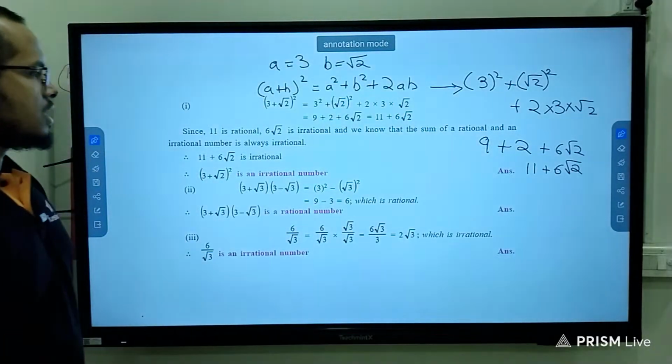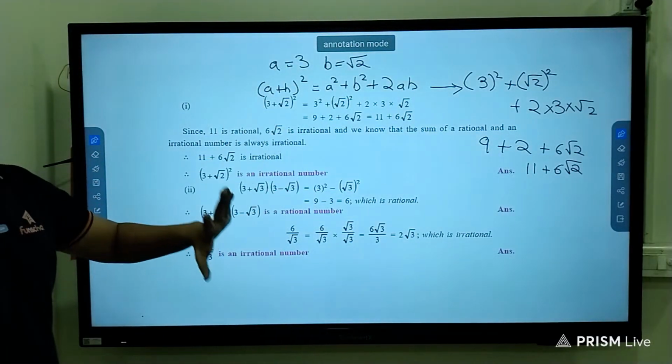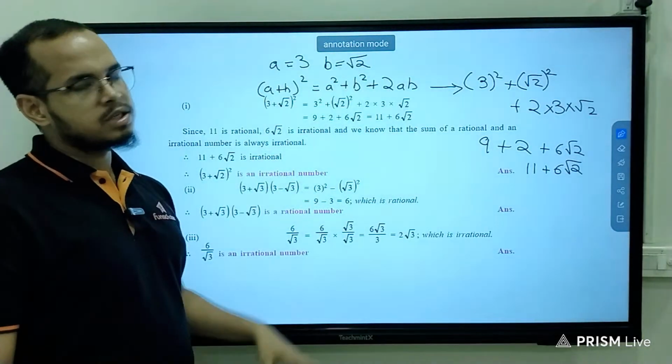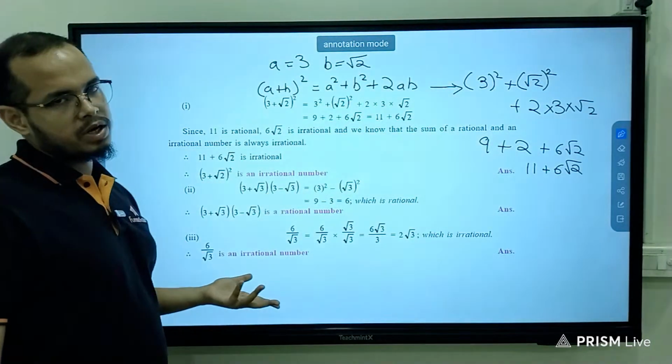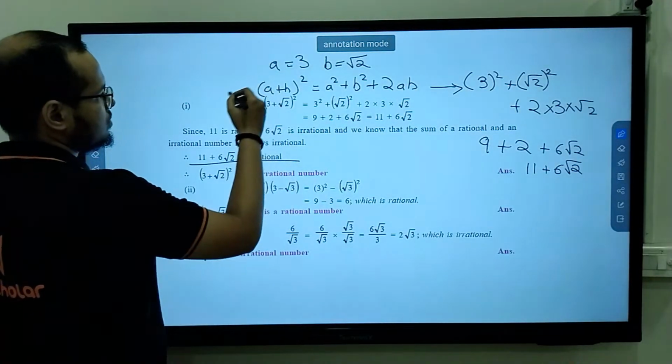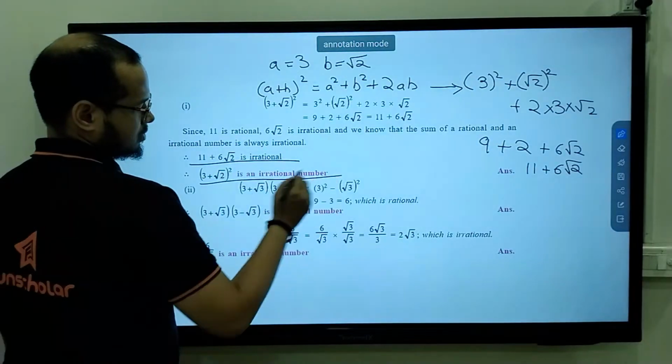Even if we solve this, we have got root 2 as one of the answers. So root 2 is obviously an irrational number, so this entire thing is going to be an irrational number anyways.